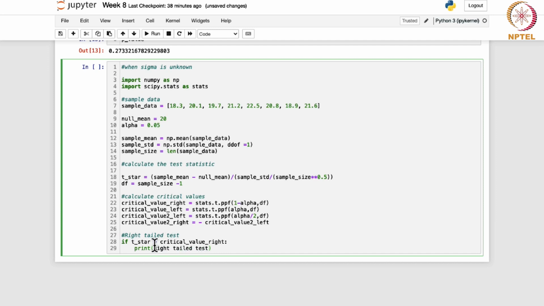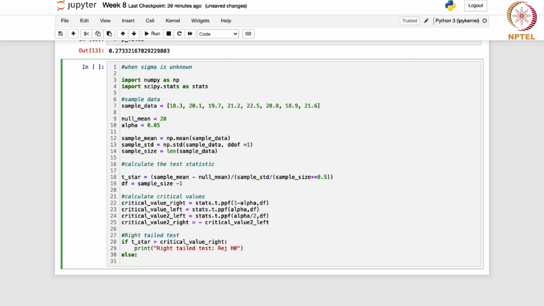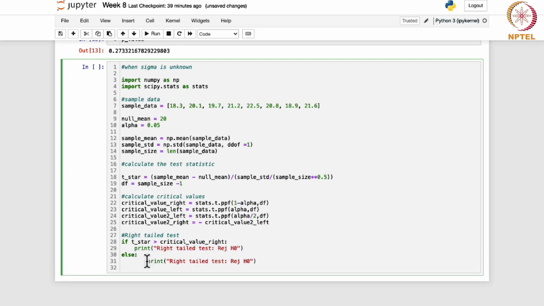This has to be in double quotes. Else what you will print? You will again give this print statement with just the difference that here it will be fail to reject.